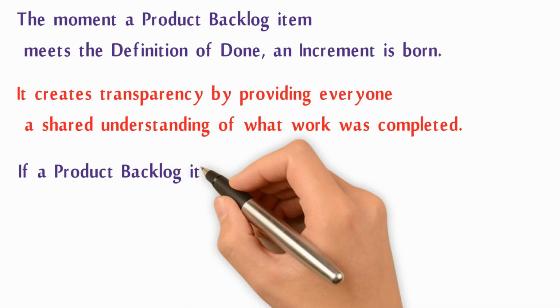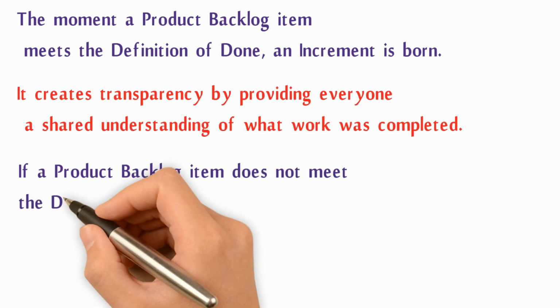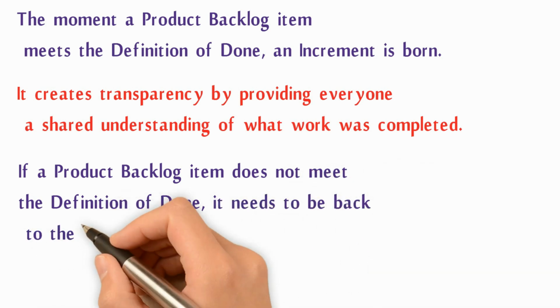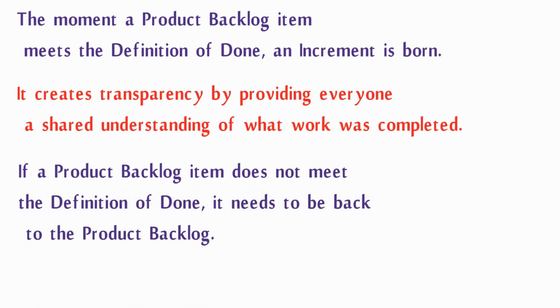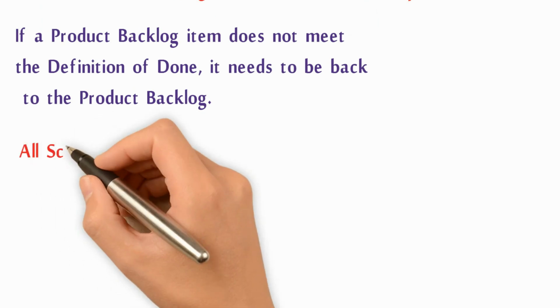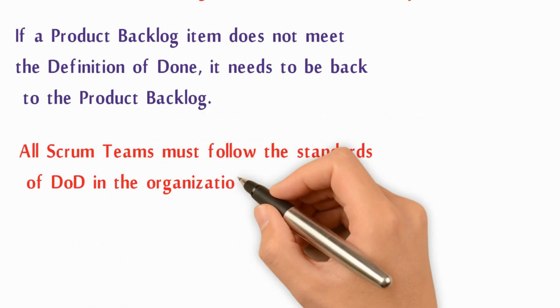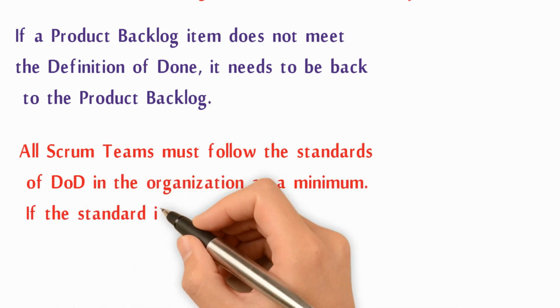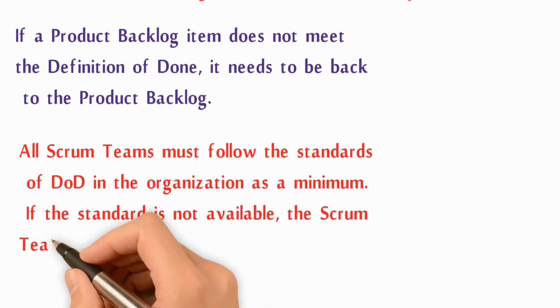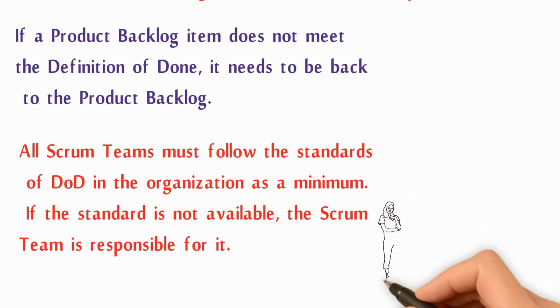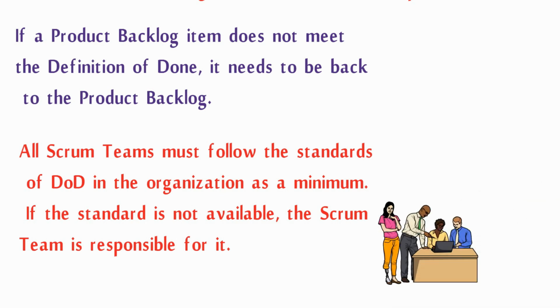If a product backlog item does not meet the definition of done, it needs to go back to the product backlog. All Scrum teams must follow the standards of the definition of done in the organization as a minimum. If the standards are not available, the Scrum team is responsible for creating it.